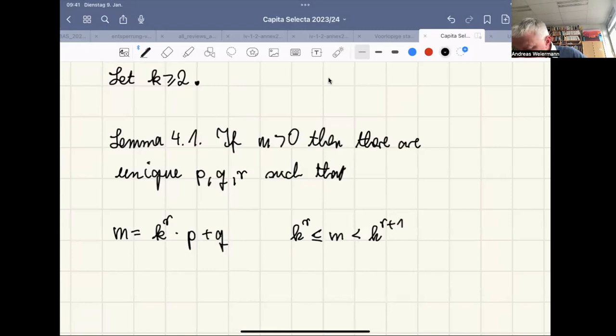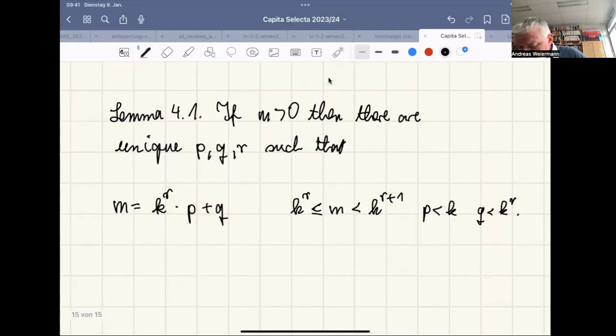But moreover, this number p has to be smaller than k. So this number p here. And now we want to have that the rest here, this q, is smaller than k to the r. In this situation, this is a unique representation.